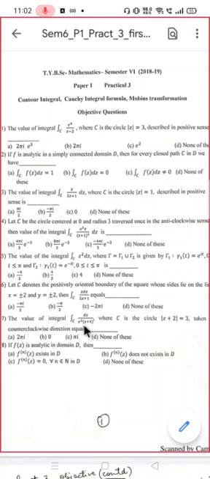We can do that also, but it will be quite lengthy. You just have to break this into 1 upon z cube and 1 upon z plus 4. Then you have to do it. Answer will be same. Cauchy residue seems good to me, so I use it all the time. What next? Should I go ahead or any other question?